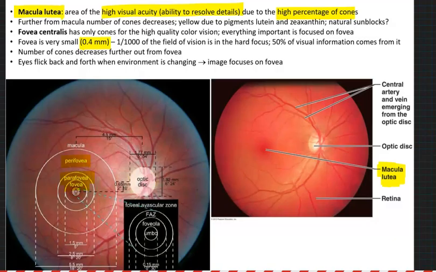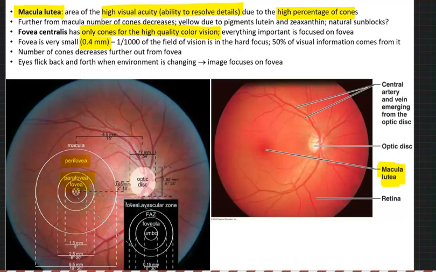Okay? Does that make sense? To give an idea what 0.4 millimeters is, take a penny, look at how thick it is, and take a quarter of it approximately. That's pretty thick. Okay? Am I making sense? And yet, this is the area with the highest percentage, only cones, not just high, only cones.